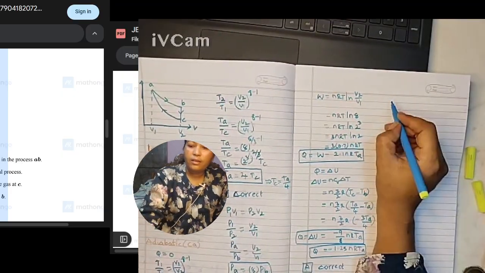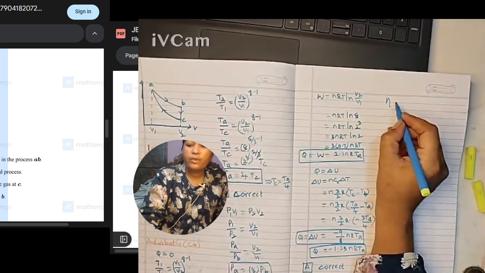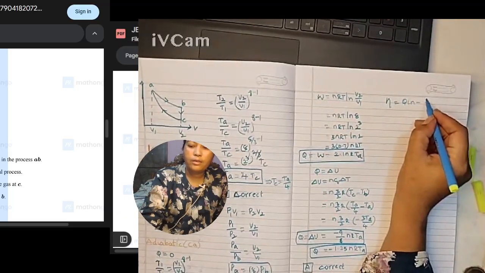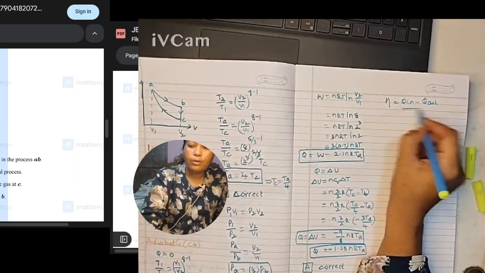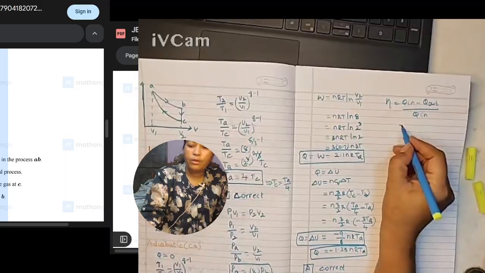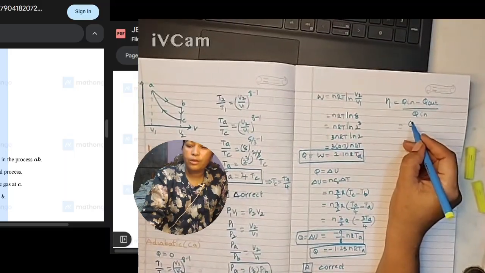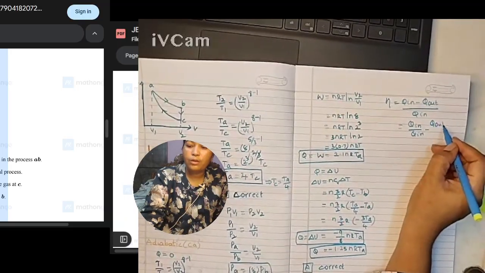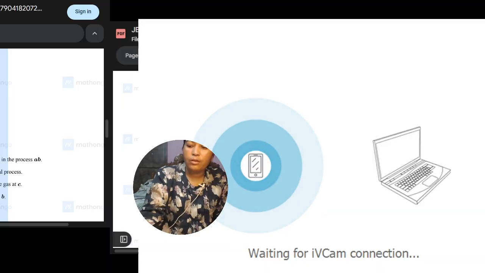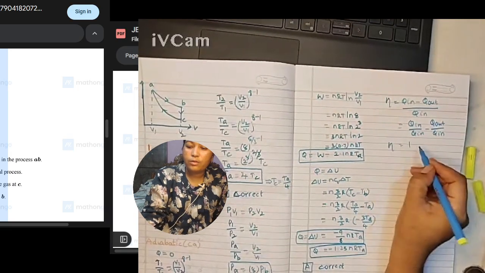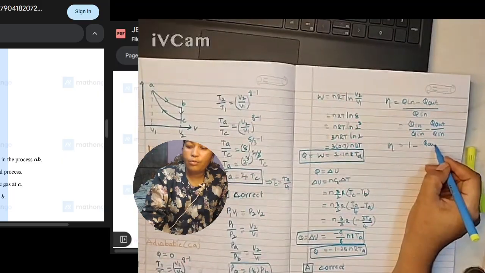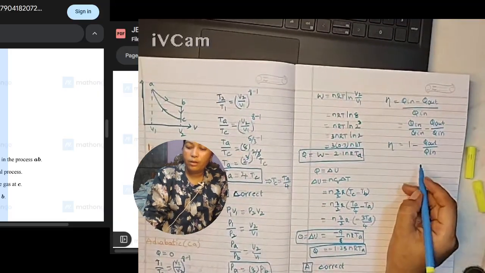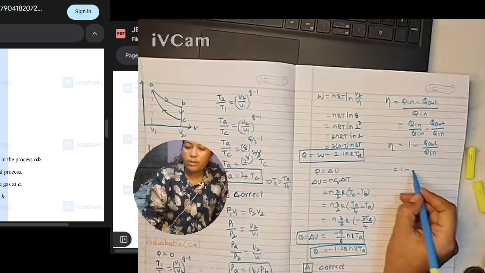Now, the efficiency of the cycle, eta, is equal to Q in minus Q out over Q in. From this you get Q in over Q in minus Q out over Q in, so eta is equal to 1 minus Q out over Q in. What is the Q out?